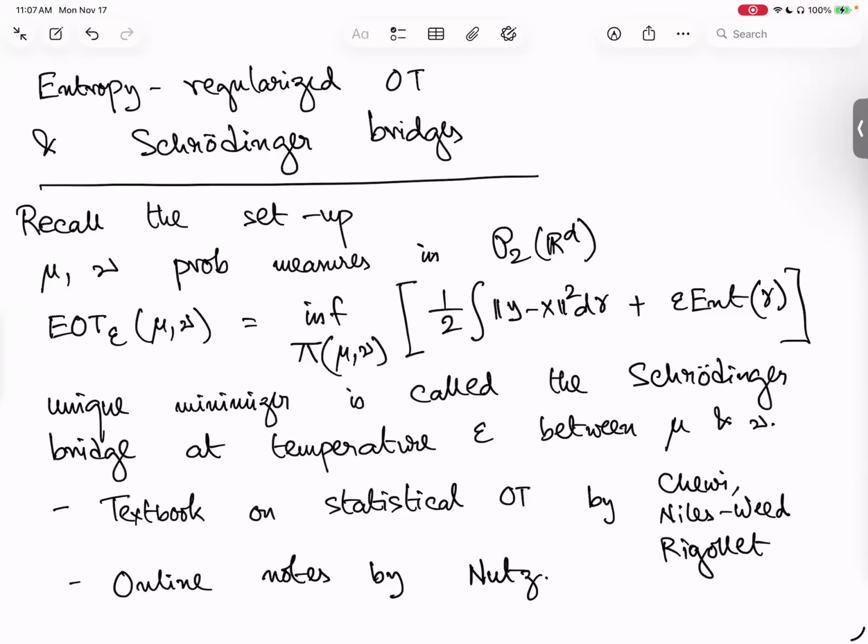Okay. So we'll talk, maybe not today, either today or tomorrow, about why statisticians and people who do applications of optimal transport prefer this version. But we already mentioned this last time in class. The reason why people prefer this version is that this can be efficiently computed.